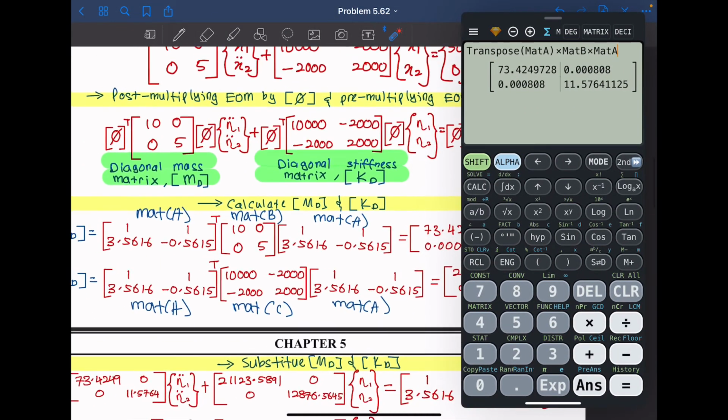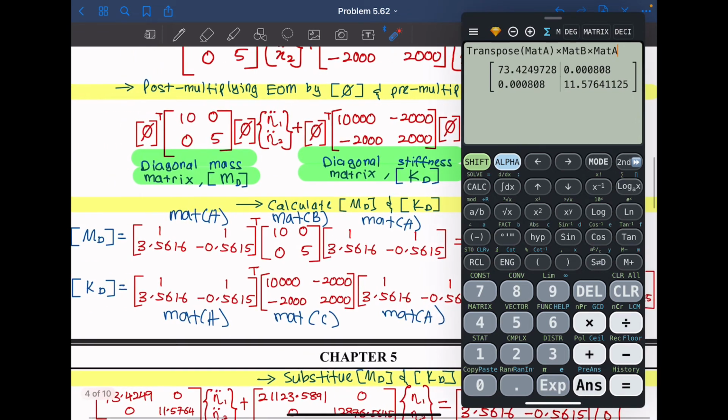But now I'm going to show you how I solve for the diagonal stiffness matrix, which we've already labeled just now: the transpose of the model matrix times the stiffness matrix times again the original model matrix. We've already defined the model matrix as matrix A, and our stiffness matrix as matrix C. This is the transpose, right?